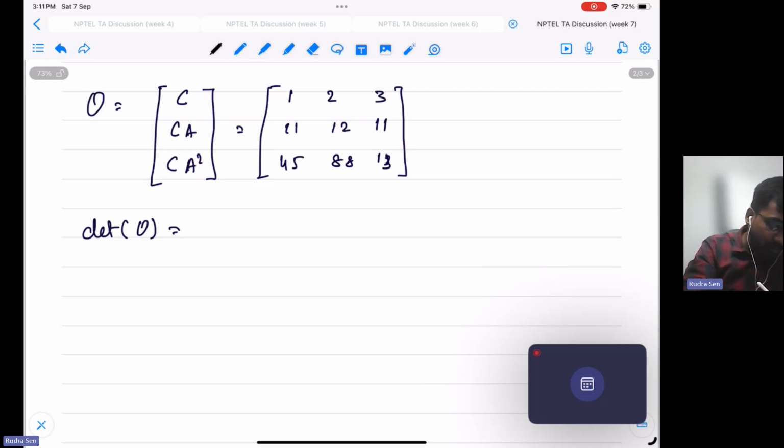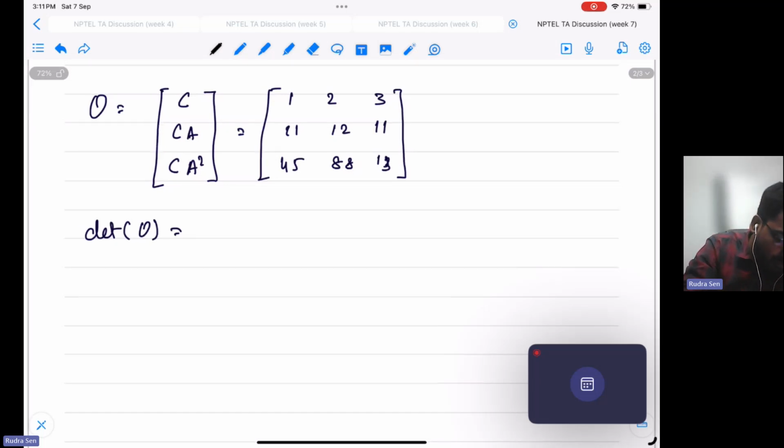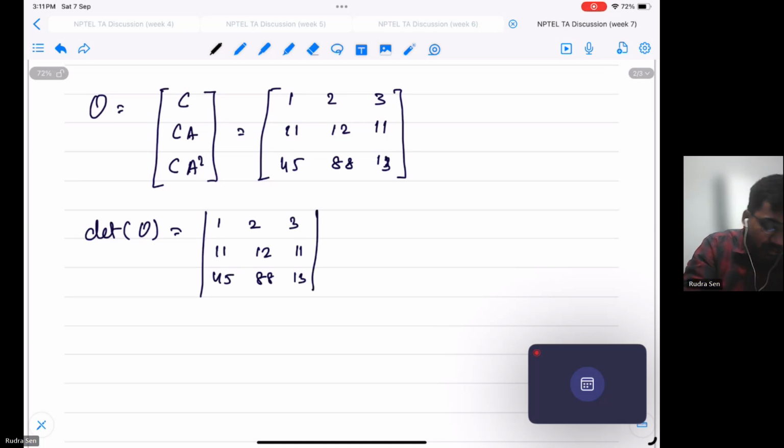So it's the determinant of O, which is 1, 2, 3, 11, 12, 11, 45, 88, 30. It's a big determinant. If you do this determinant, you can see that it is non-zero. I'm not going to do the determinant; it is very easy to do by yourself.